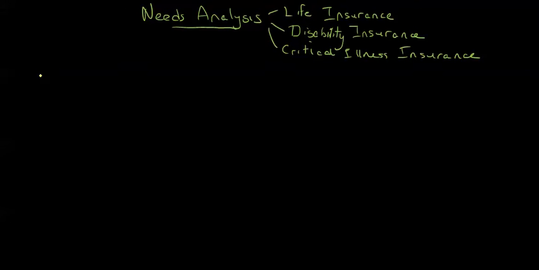So what happens around the traditional life insurance needs analysis is we're going to form some sort of a capitalization of income, where basically we say we've got an income earner, and our income earner makes, just for the sake of argument, $50,000 a year, and we maybe assume a 4% discount rate.